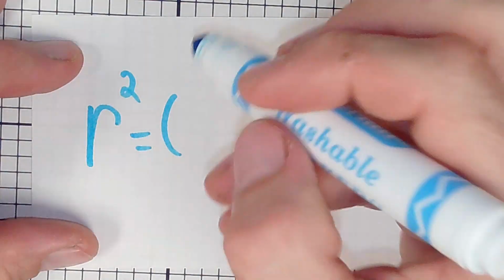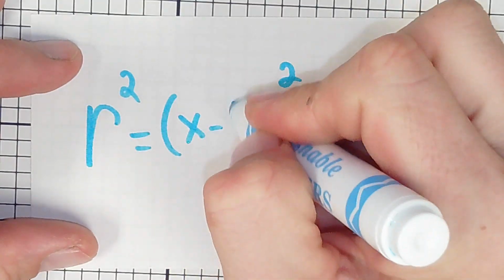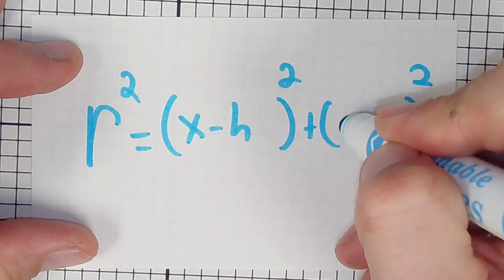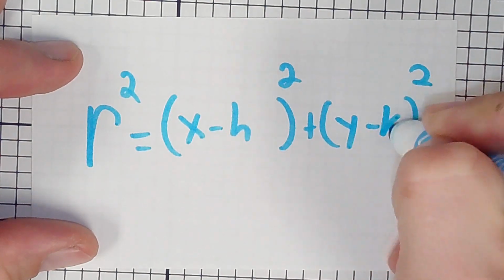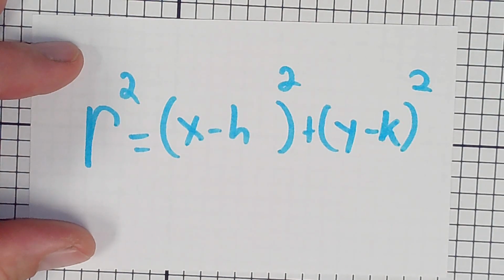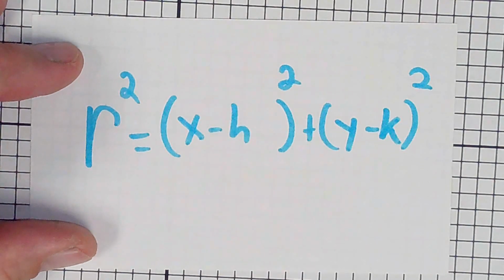And that one set of points is x minus h and y minus k. So that is the radius center point form of a circle.